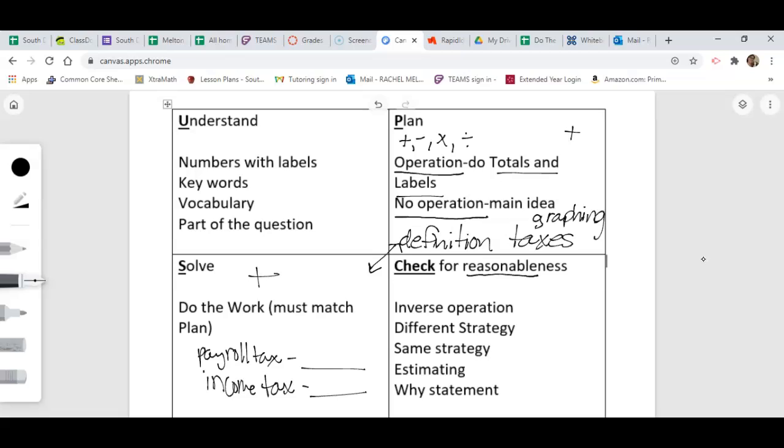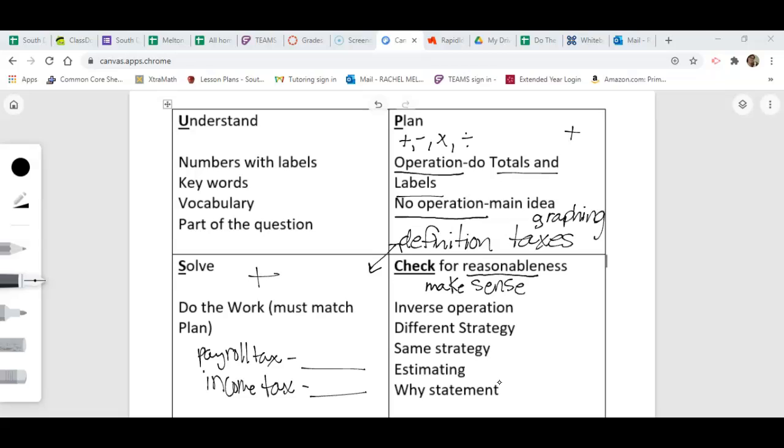So they know that to check for reasonableness basically means, does it make sense? Does the answer that I got make sense with the things that I pulled out for the understand? Does it make sense with my plan?